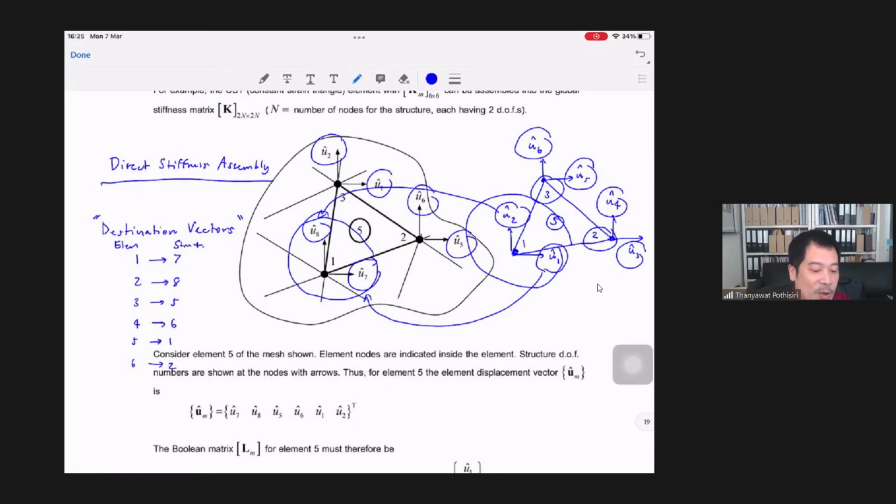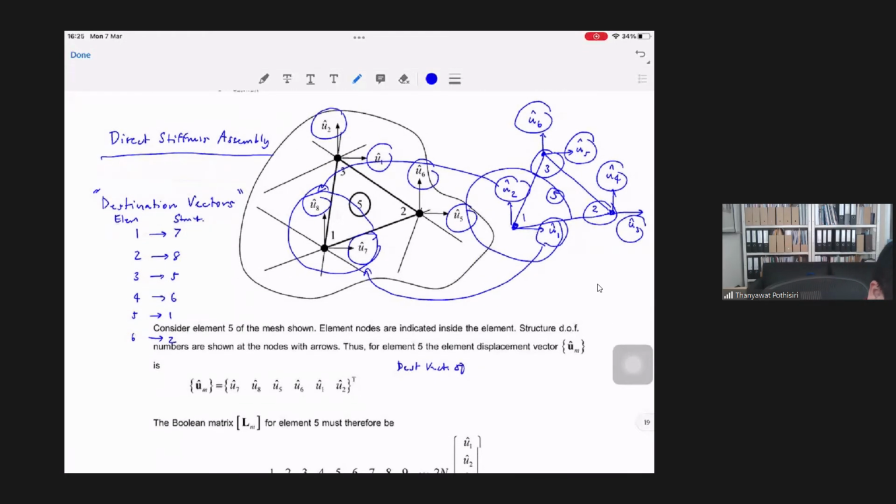So I'm going to call this the destination vector for element 5. I like to blame the iPad for my bad handwriting.